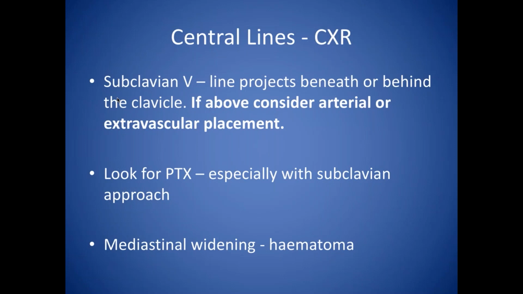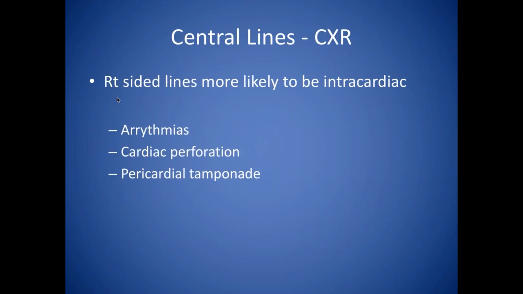Always look for a pneumothorax in subclavian line insertion, and don't forget to look for mediastinal widening in case you've traumatized the mediastinum on the way in. Right-sided lines, because they represent a shorter route from the skin to the SVC, are more likely to be intracardiac, and this can lead to arrhythmias, cardiac perforation, and pericardial tamponade.